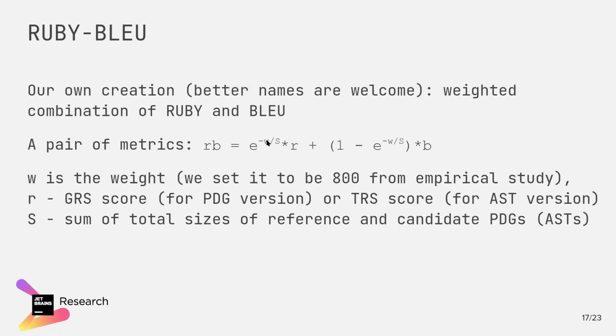We have studied empirically what weight we should put, and the best results were achieved for the weight being 800. And S here is the sum of total sizes of the reference and the candidate program dependency graphs or ASTs. B is the BLEU score. And in the case when the GRS or TRS cannot be computed, we simply fall back to the BLEU score.